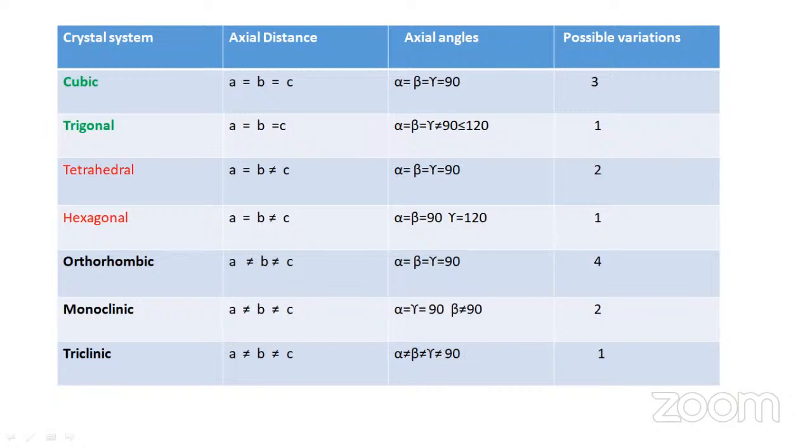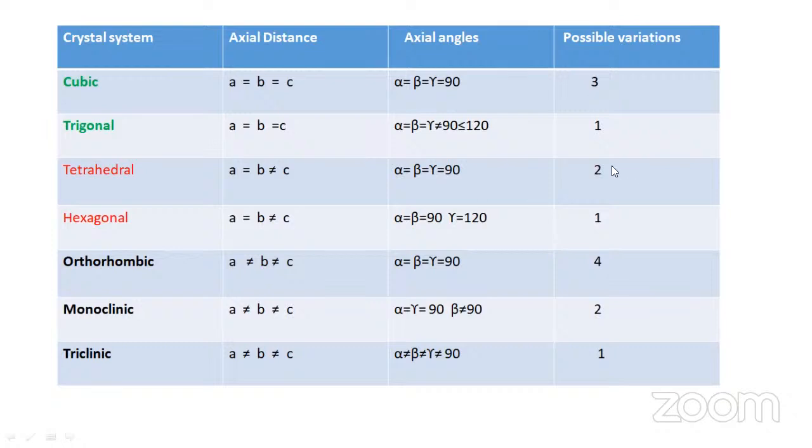Okay. So let us see the possible variations. Just now we said that there are 14 possible variations in Bravais lattices. In the cubic system, cubic means 3, so just imagine a cube. How many possible variations are there? 3.